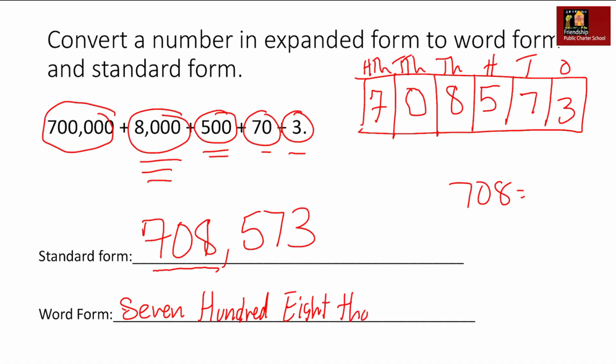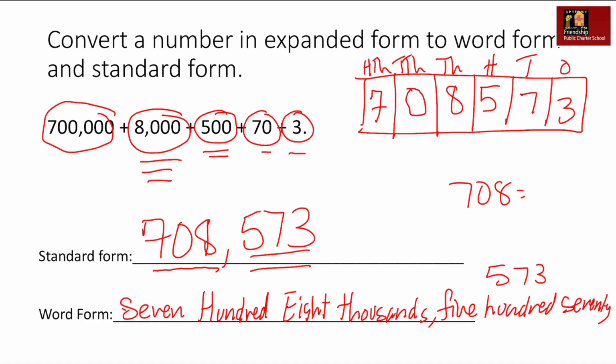So I'm going to go ahead and put thousands. And then I put the comma, right? And now we look at the right side, and the right side says 573. How do we read that number? It's 573. So we put 573.